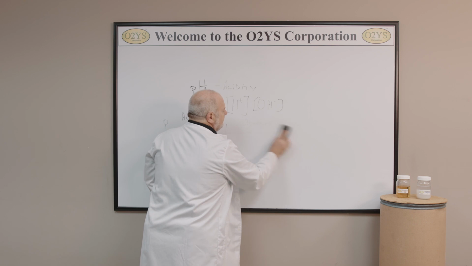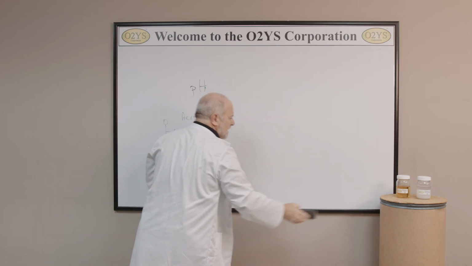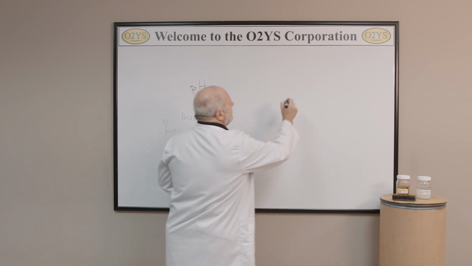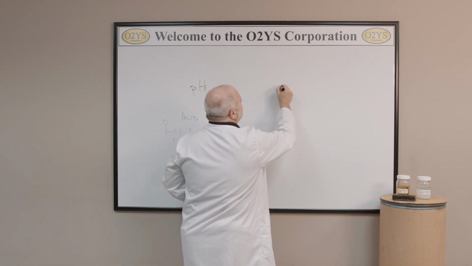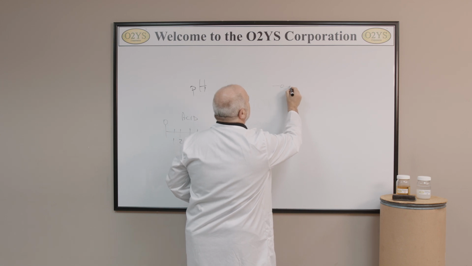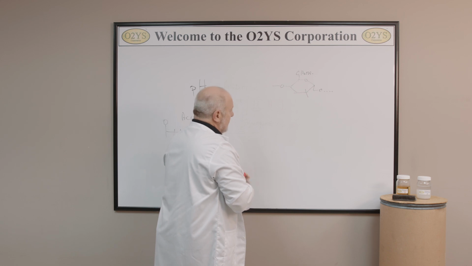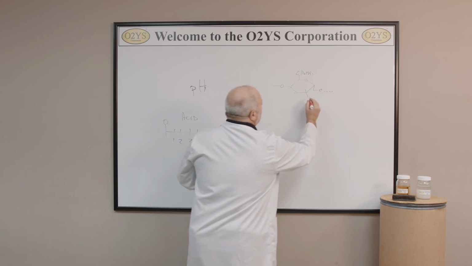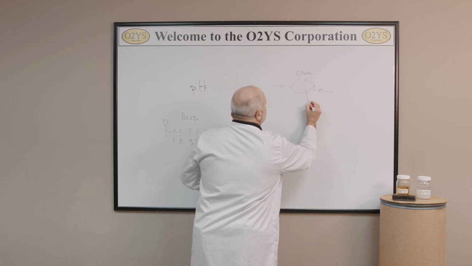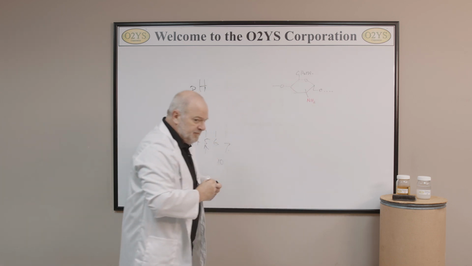Real quickly, we will look at a chitosan molecule, which is our foundational functional raw material. So here's the basic entity. When chitosan occurs in nature, or as it's supplied to us, it's in this form.